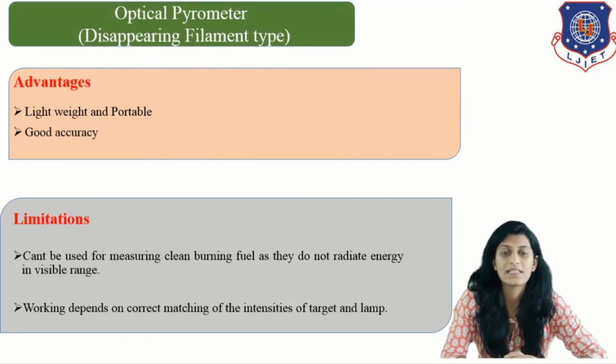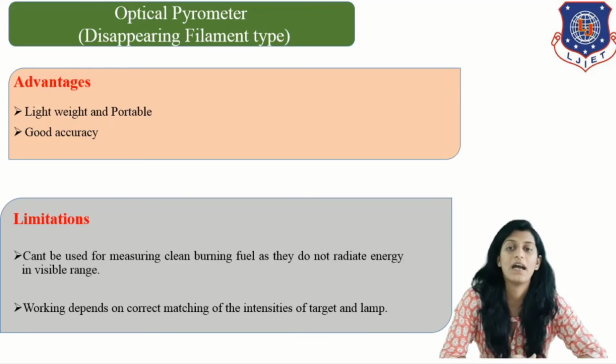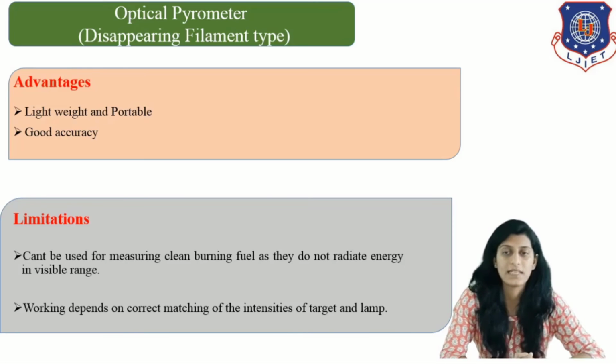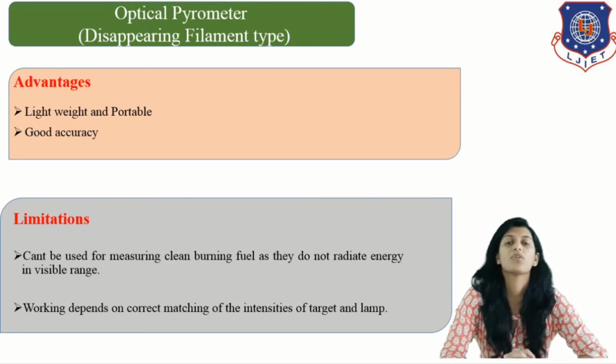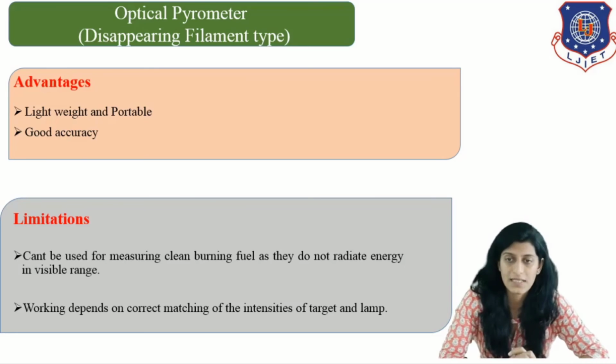Coming to the advantages of the optical pyrometer. It is quite a lightweight and portable device, so you can easily carry it and use it. Second advantage is good accuracy, because it gives us accurate results.